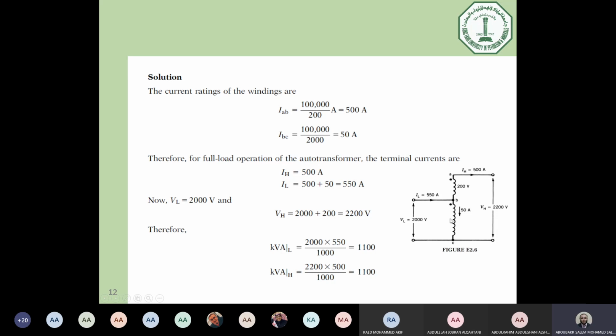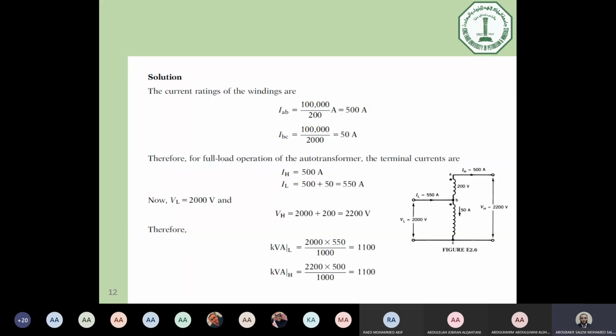So for now, you have I of high side. We can say this is high side now because the voltage here is higher. I of high side is 500 amps and the volt is 2200. So the apparent power here equals 500 times 2200. So the kilovolt ampere for the 2200 side, the high side, equals 1100 kVA.